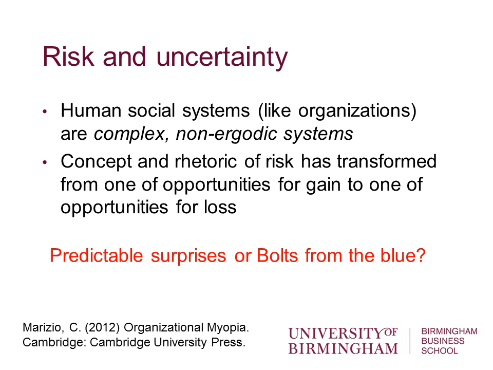Okay, another way of thinking about risk and uncertainty, this is from Maurizio's book Organisational Myopia, another kind of interesting and engaging book. He said that human social systems are complex and non-ergodic. By non-ergodic, what he means is that they don't necessarily conform to a predictable state.